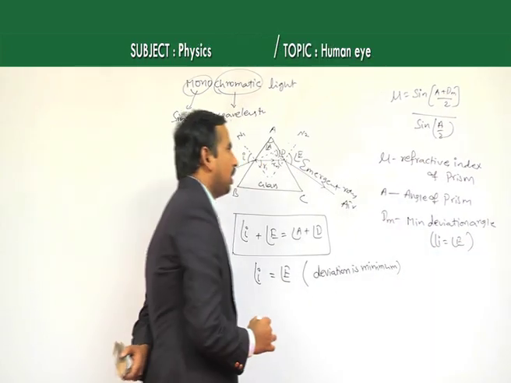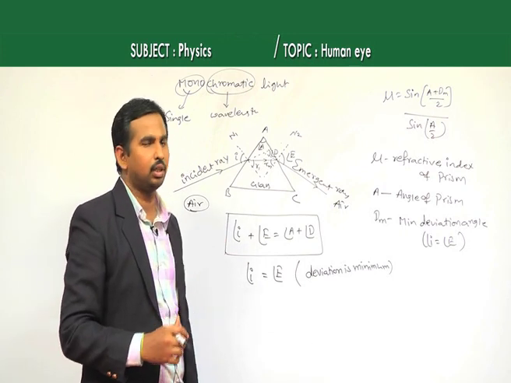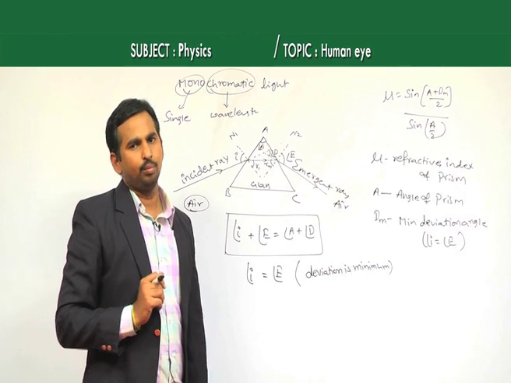Okay. This is the formula to find the refractive index of the glass prism by using the angle of minimum deviation.